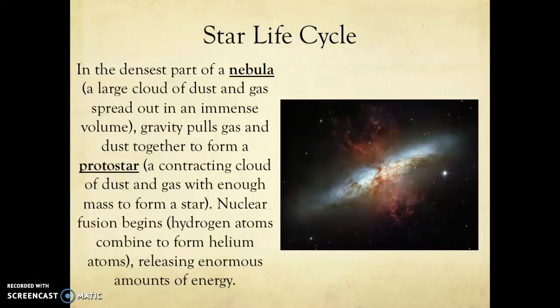That's what helium is. Now, when nuclear fusion happens, it releases a ton of energy. And the way it releases that energy is in the form of light. So this is how we see stars burning from many, many, many light years away. We are able to see that light because it's that much energy being given off through nuclear fusion.